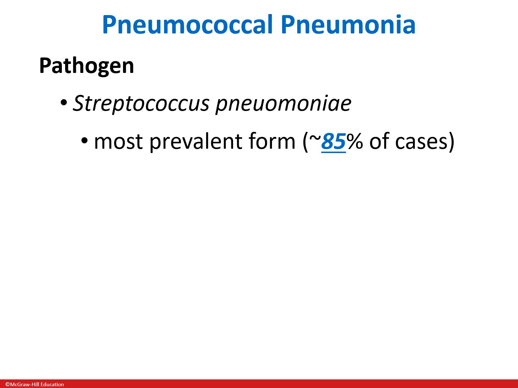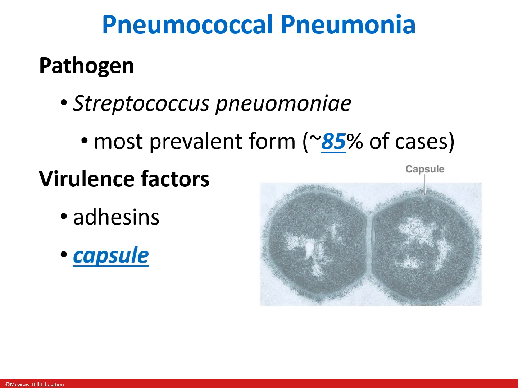So the most prevalent form of bacterial pneumonia tends to be caused by Streptococcus pneumoniae, and we call this pneumococcal. Recall we met this same species when we talked about pneumococcal meningitis. And just like any bacteria that has adhesins, it gives it the ability to stick to the tissues and cause infection.